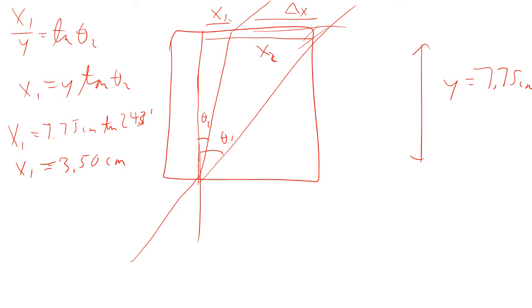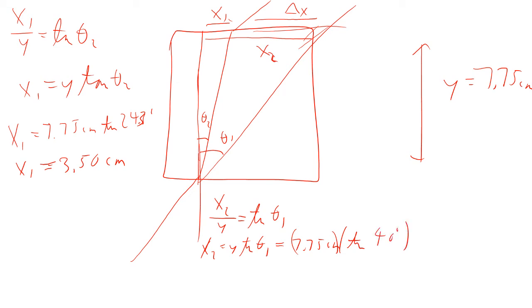Well, what about x2? Well, you look at that and you find that x2 over y equals tangent of theta 1. So that means that x2 is going to be y tangent theta 1. So that's going to be 7.75 centimeters times tangent of 40 degrees.